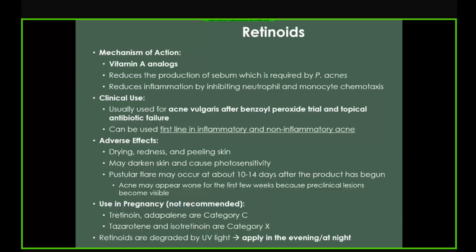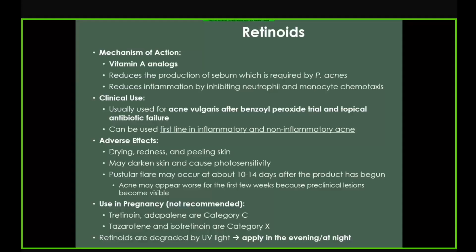You also see that I decrease the inflammation by decreasing the chemotaxis that is occurring in that area. Remember that these were our workhorses. These were very, very effective when we talked about our acne vulgaris. These were the ones that we were also talking about we could potentially use. So we save these if we can. So that's why you're using it after you've tried the benzoyl peroxide and potentially a combo product before you get here.